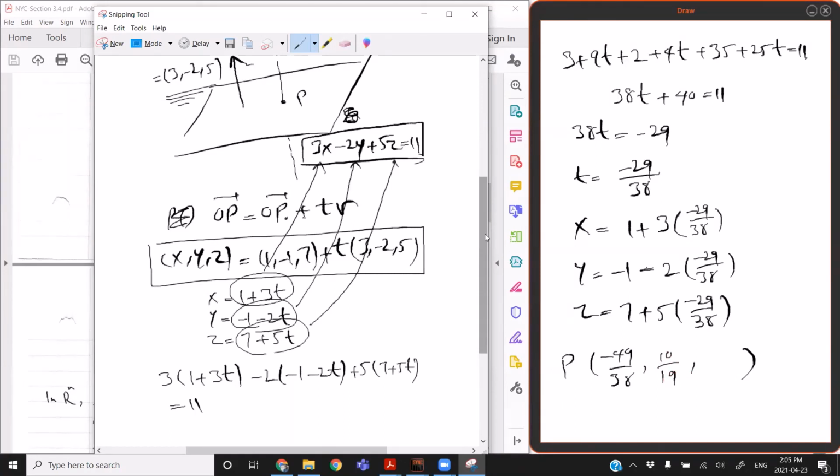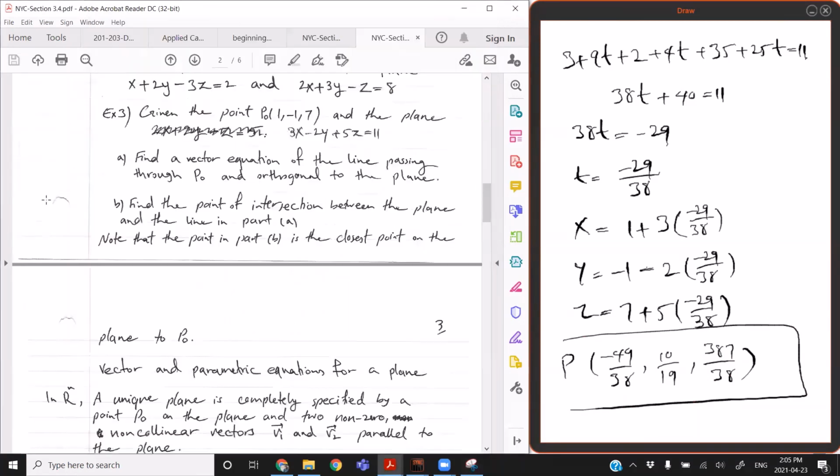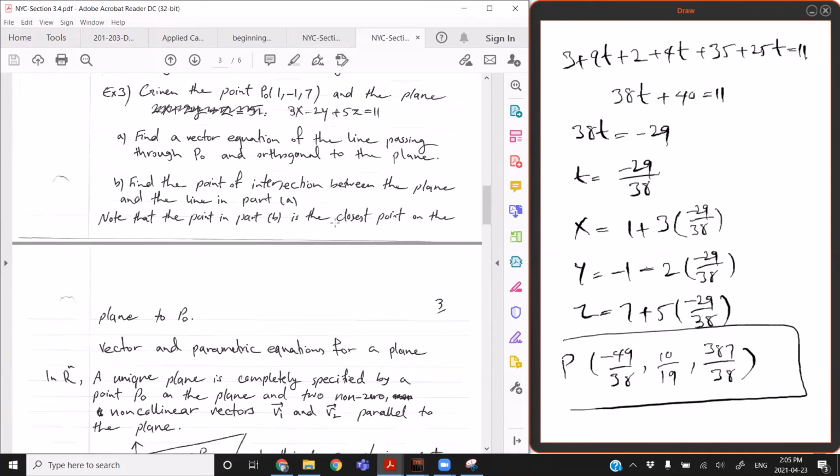Finally, if I do 29 over 38 times minus 5 plus 7, that gives me 387 over 38. So that would be the closest point P on the plane to the given point P0. I hope I did not make any calculation mistakes, but I showed you the method, what to do.